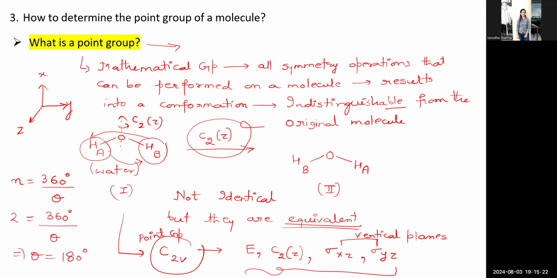For example, we saw H2O, with hydrogens denoted as HA and HB. On C2 rotation along the Z direction, HA and HB change their positions, but that is an equivalent conformation. Therefore, it does count in the calculation of a point group.